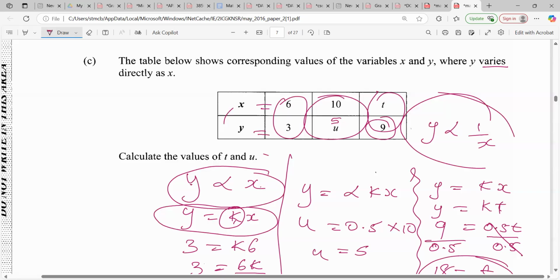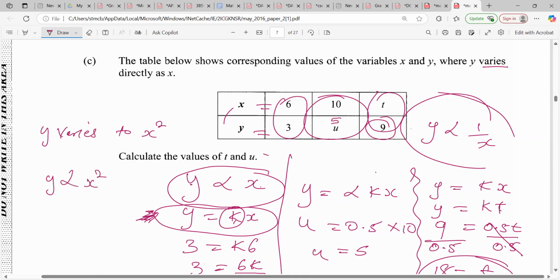This is what we're going to be working with constantly. It can be like y varies directly to x squared. So if they say y varies to x squared, write it like this.